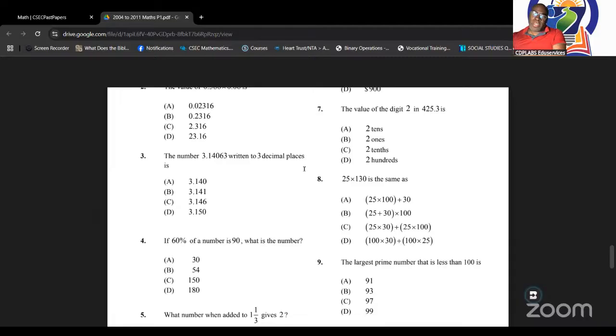What do you think it is? Which answer do you think logically? It could not be B? I'm sorry, why could it not be B?